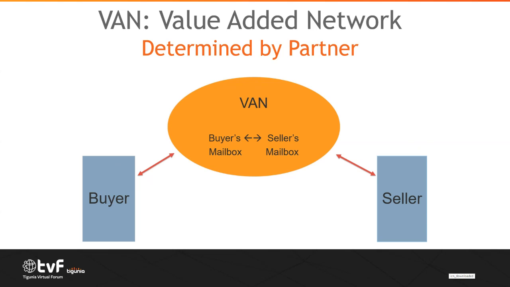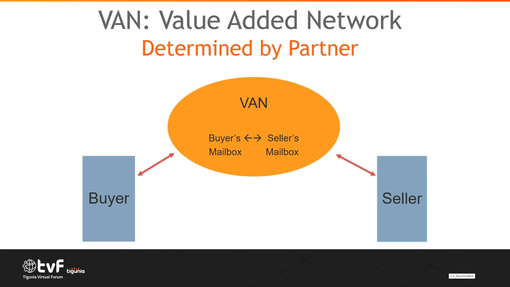Let's start with the VAN, the value added network. Normally a VAN is determined by the partner. So usually the bigger partner decides for the smaller one which VAN they want to use or not. It's like the person responsible for distributing the different files between the buyer and the seller.